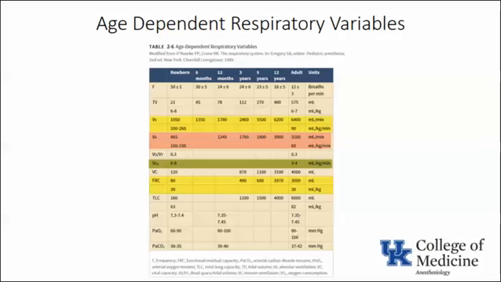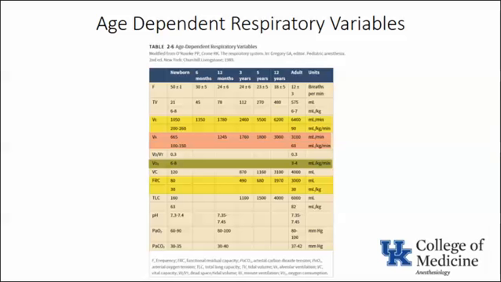If you look at this respiratory variable table, the most important take-home points are minute ventilation. It's about 200 to 260 ml per kilo per minute versus adults that have about 90 ml per kilo per minute.